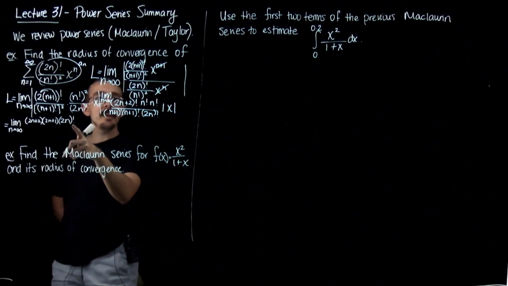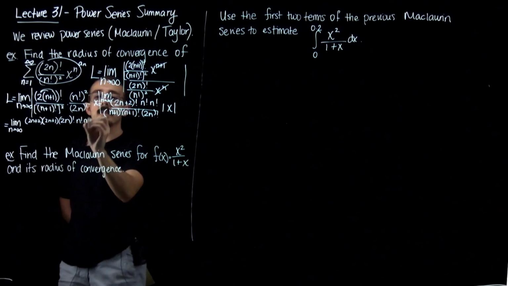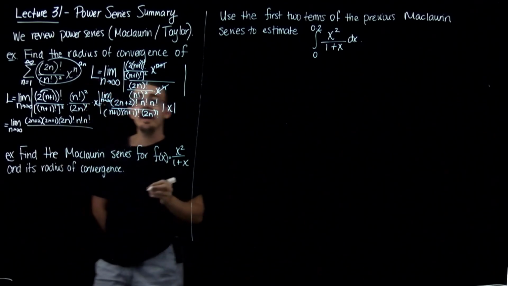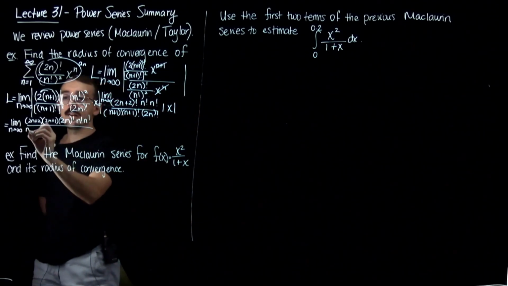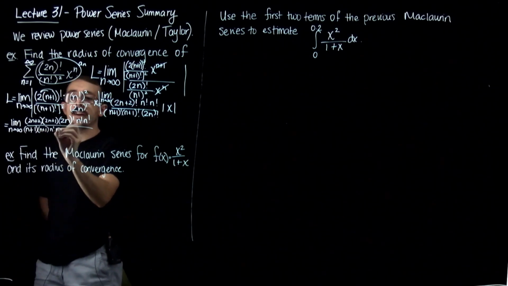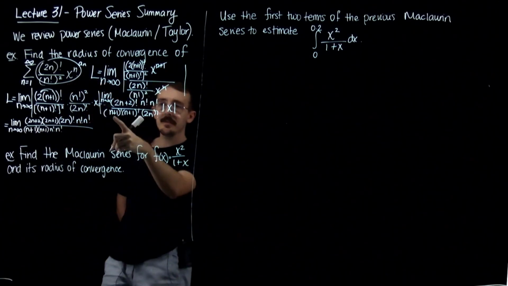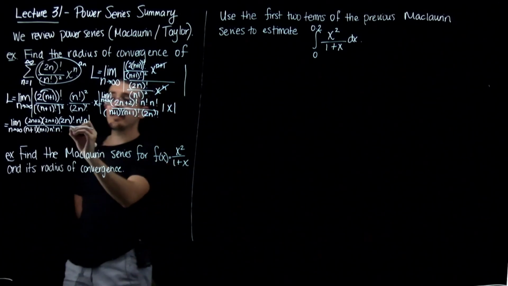So then from here, I've split up this one. I still have n factorial times n factorial in the numerator. And then in the denominator, I can split up these n plus 1 factorials into n plus 1, n plus 1, and then I have n factorial, n factorial. So n plus 1 factorial is n plus 1 times n factorial. And I still have this 2n factorial here.